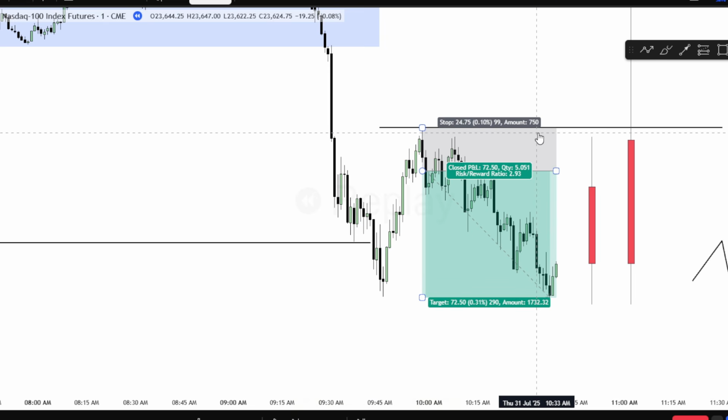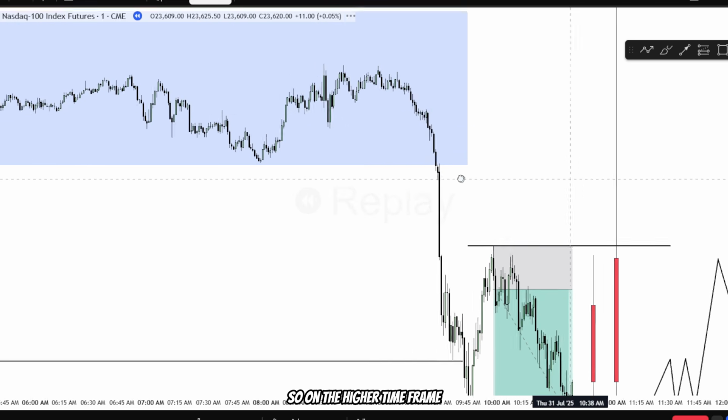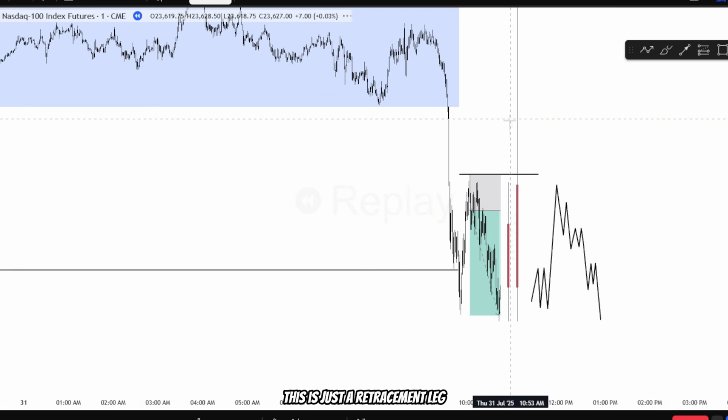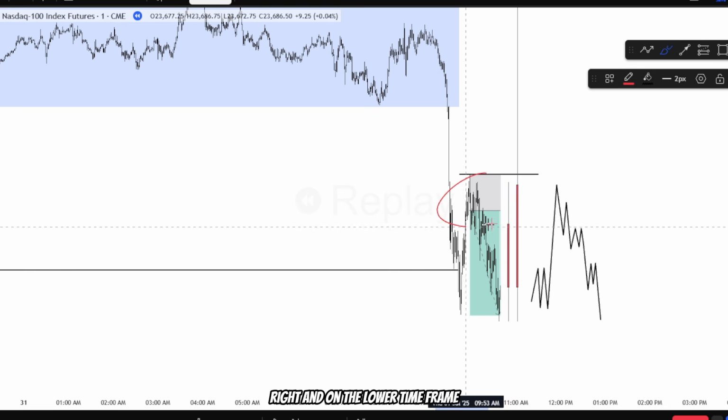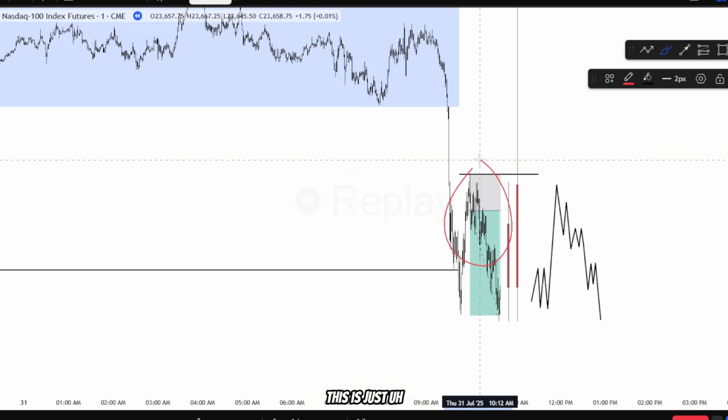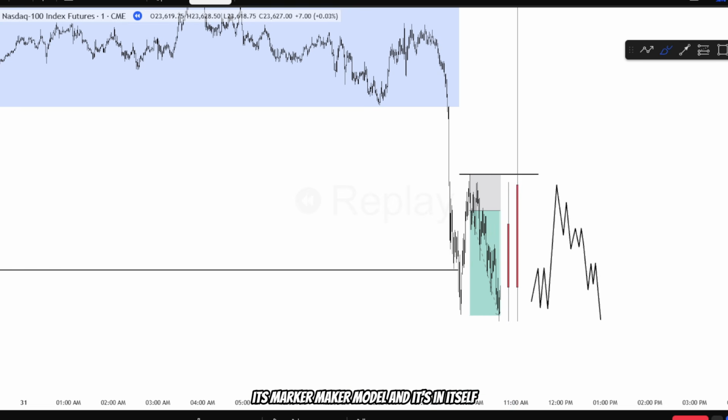It all connects. So we start off with weekly profiles. Then I need daily profiles, which are just the daily power of threes, right? So the daily power of three connects, and then we have the market maker models on the higher time frame. On the higher time frame, this is just a retracement leg, and on the lower time frame, this is just a market maker model in itself.